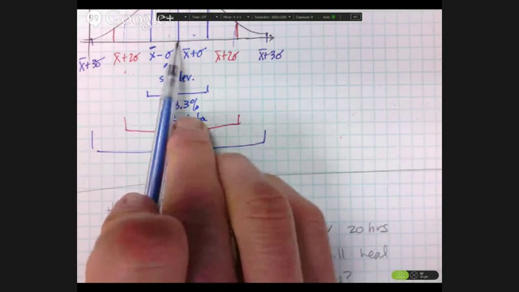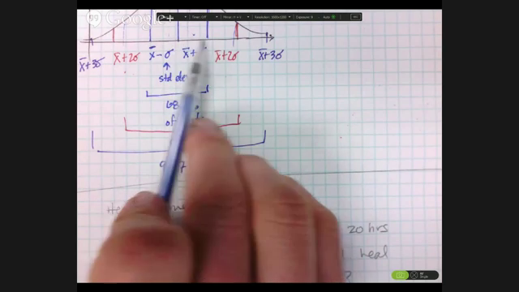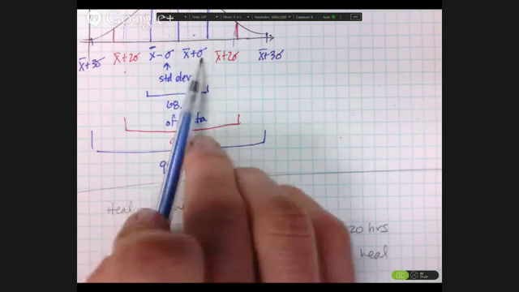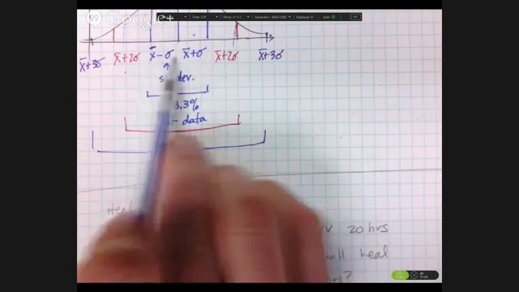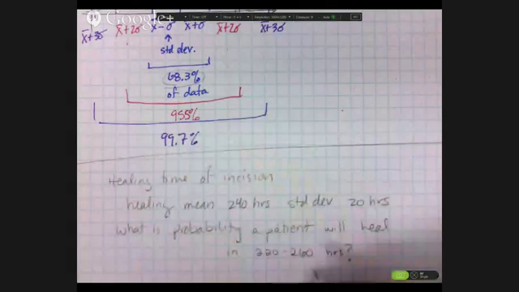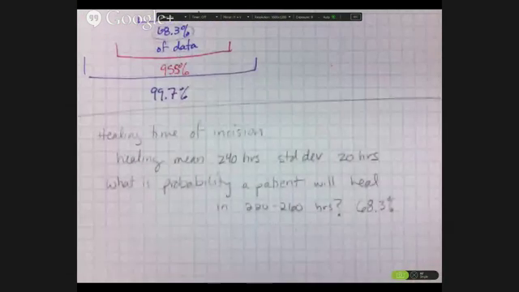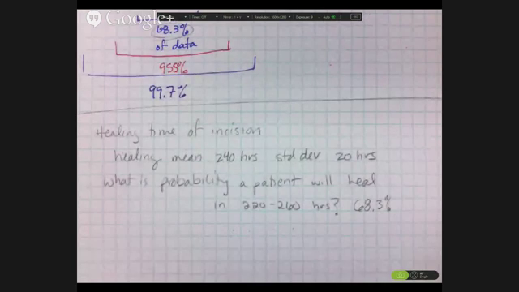What's 1 standard deviation? How many hours? 20, so 240 plus 20 is 260. That's 1 up, and minus is 220 down. How much is that? Yeah, 68.3% of patients will fall in that range.